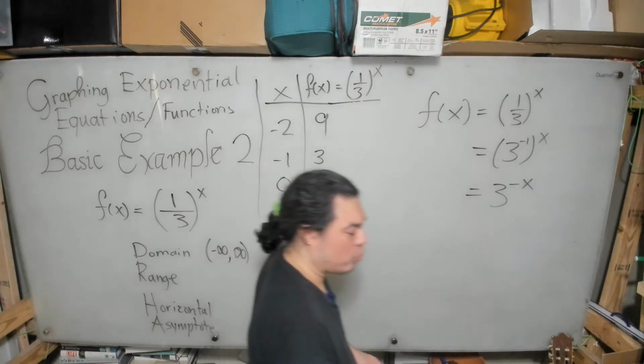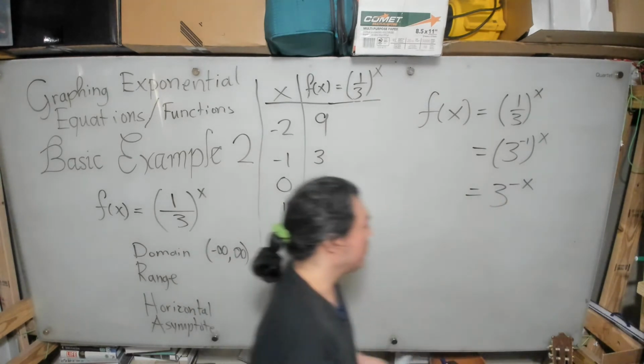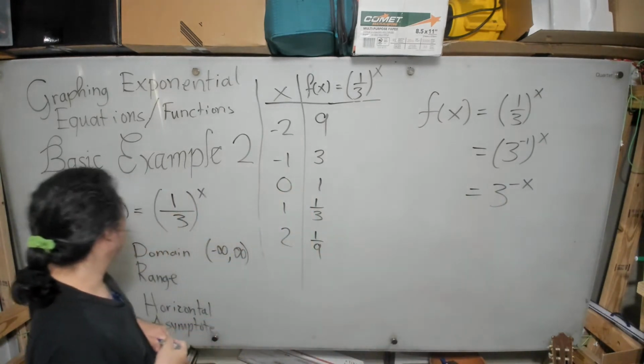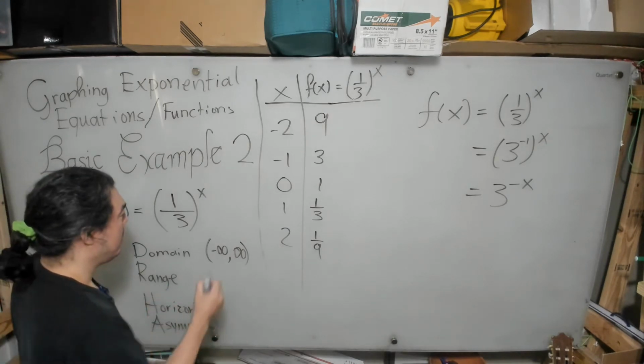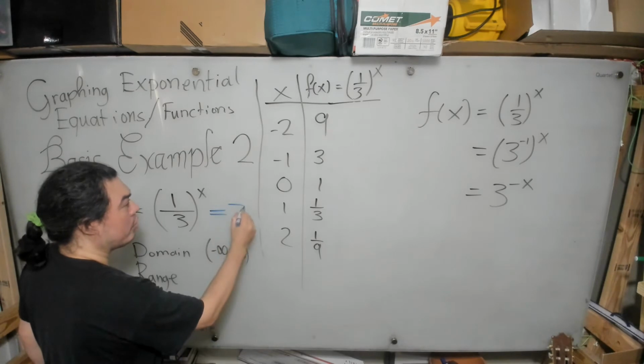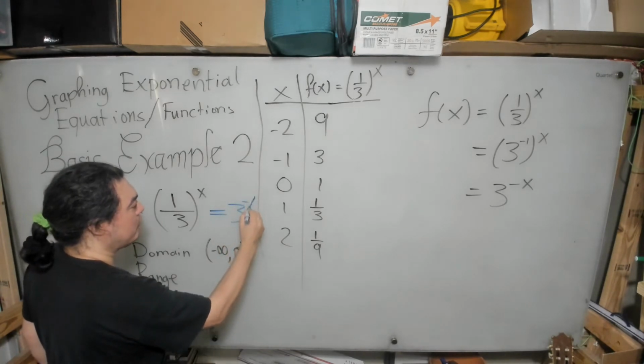So what I've just shown you algebraically is that the f of x that we originally wrote down can also be written as 3 to the negative x power.